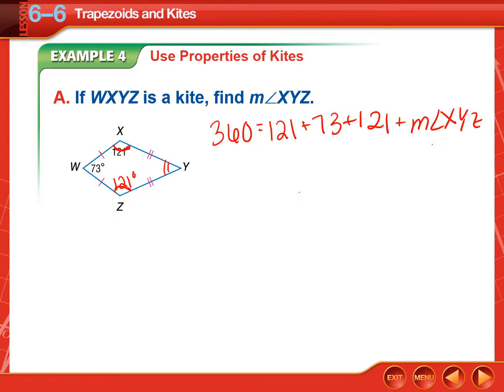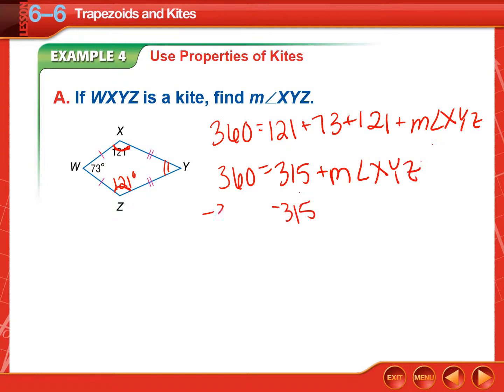Then doing some algebra here, I'll get my calculator out. We've got 121 plus 73 plus 121, and so we get 360 is equal to 315 plus the measure of angle XYZ.